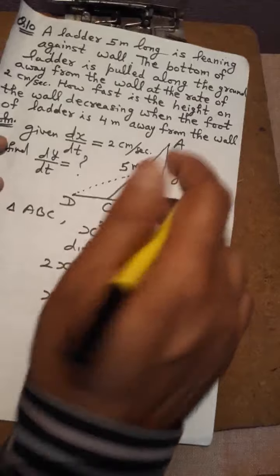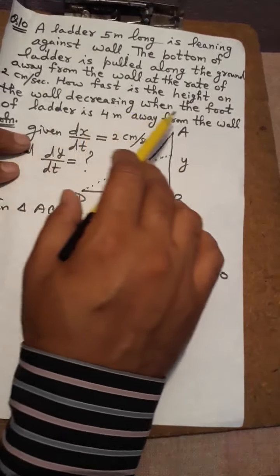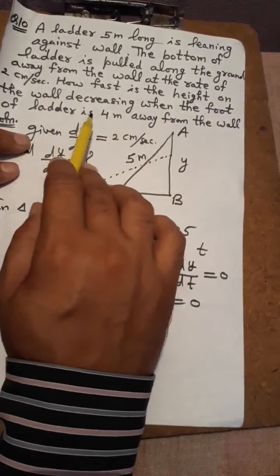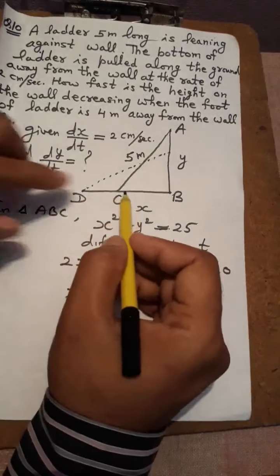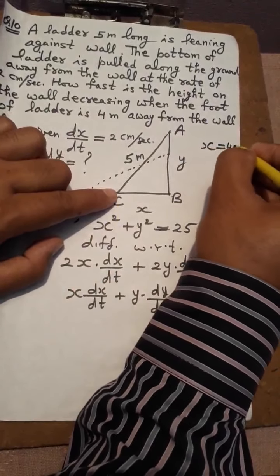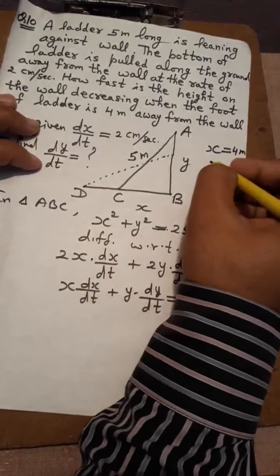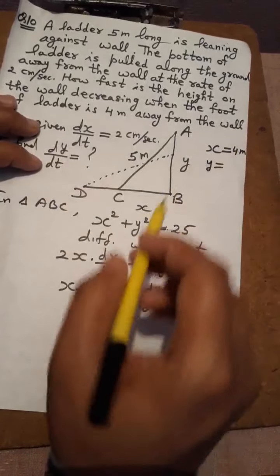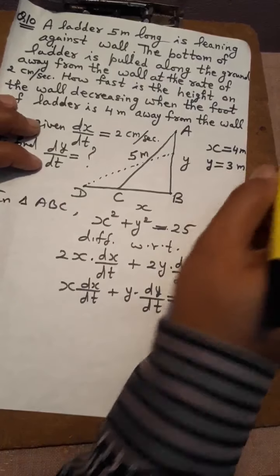And it is also given that the point is 4 meter away from the wall, this x is given. It means x is 4 meter. So according to Pythagoras theorem, the value of y is how much? 3 meter, right?